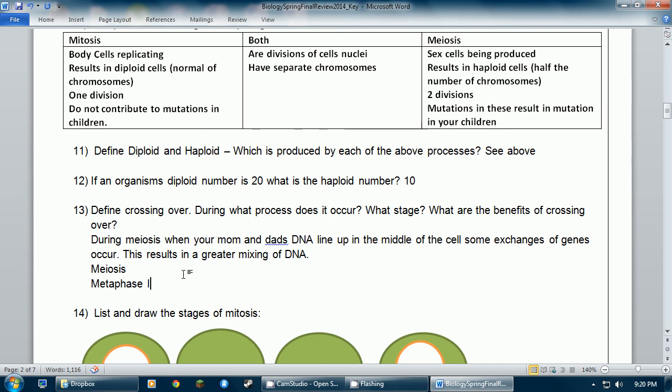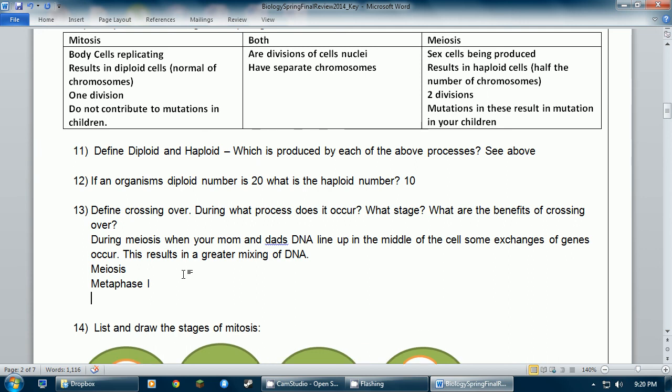What are the benefits of crossing over? The huge benefit is an increase in diversity. And so many things in our biology end up coming from that idea. We need diversity. That's why the U.S. is just absolutely a wonderful place. We have a huge amount of diversity, and diversity is essential to preventing populations from going extinct during times of change.